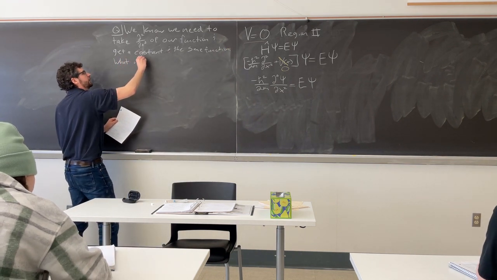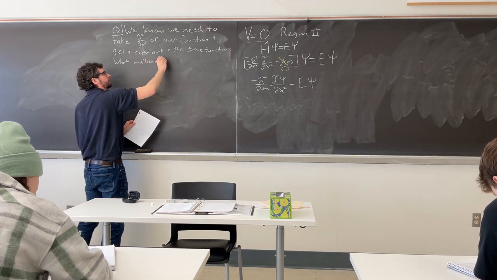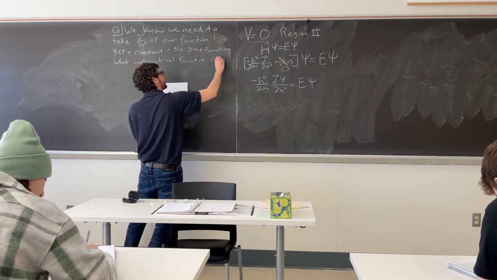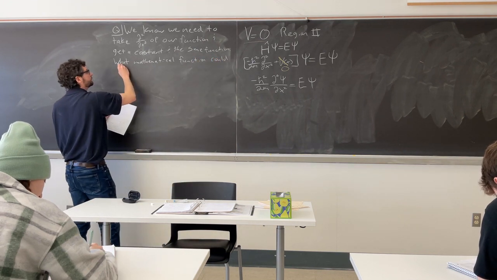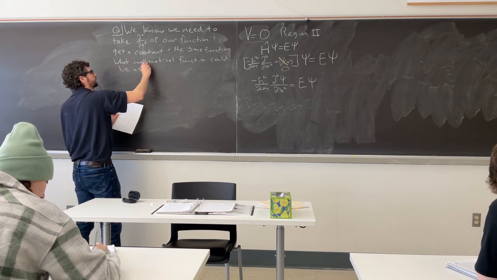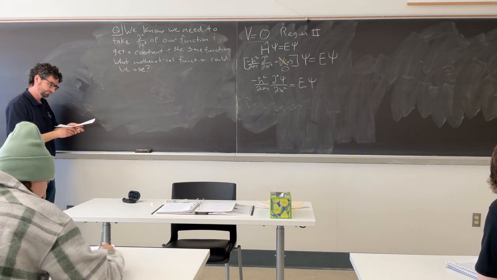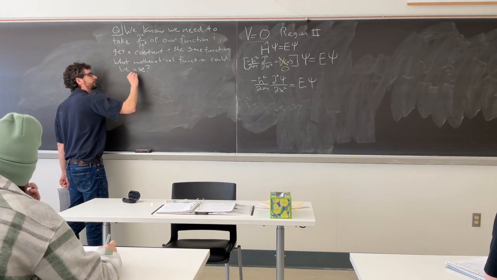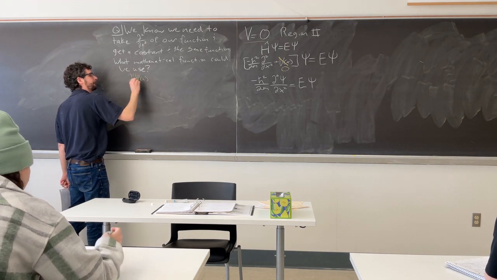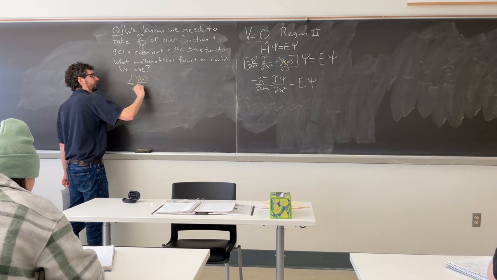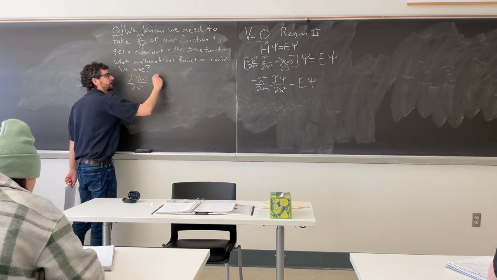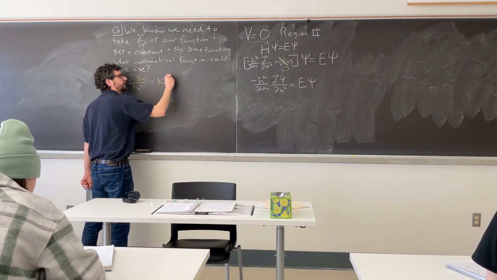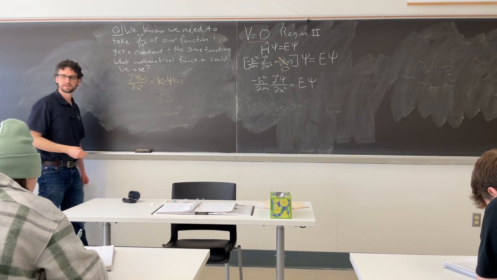What mathematical function could we use? So basically what we're saying is, when we take a second derivative of some function that depends on x, where do we get that same function out times a constant?